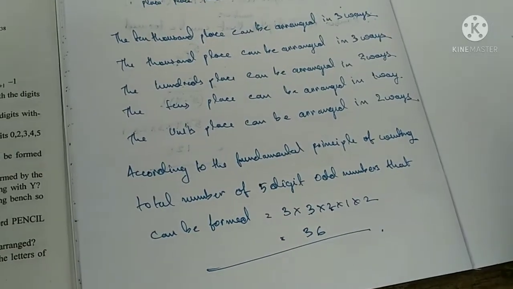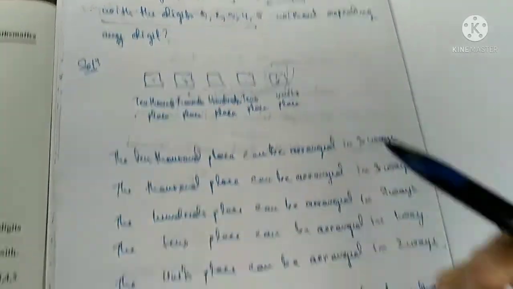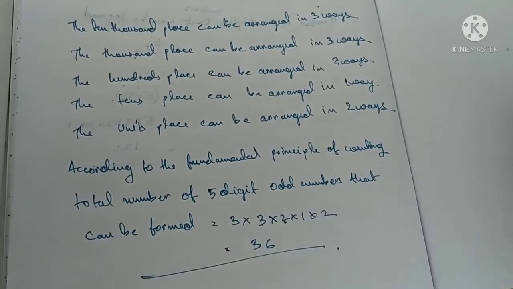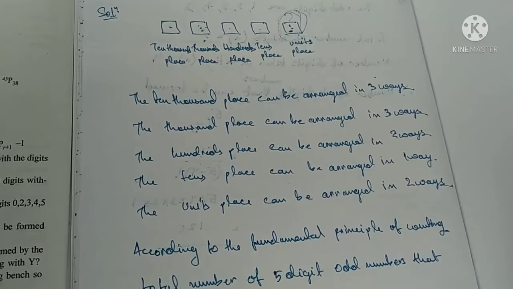So how many 5-digit odd numbers can be formed with these available digits? 36 5-digit odd numbers can be formed. That much only.